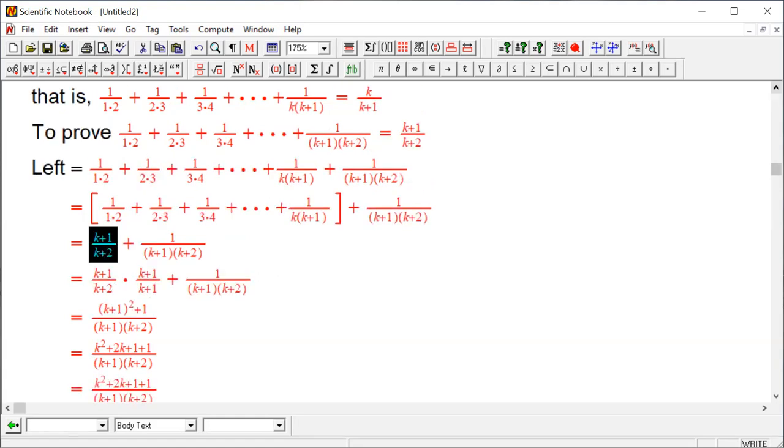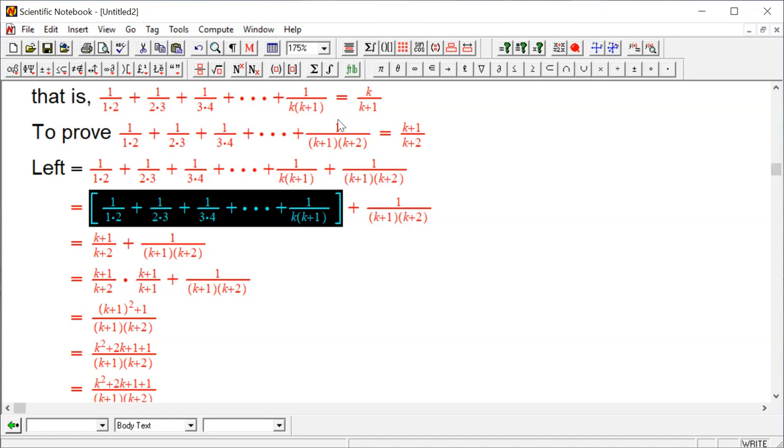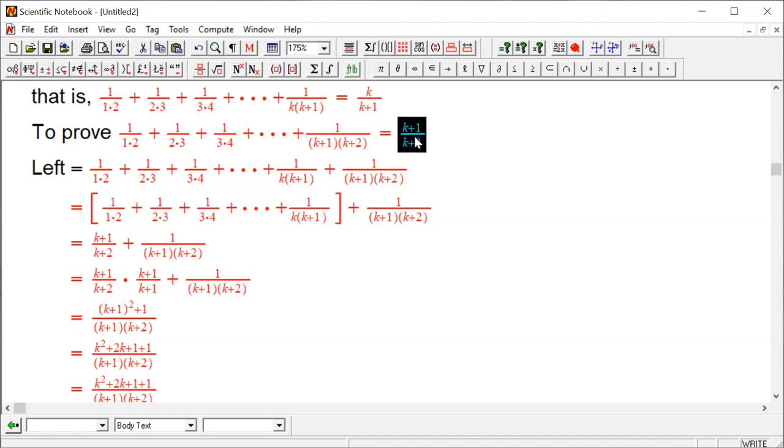Okay, hold on. Oh, you know what? I did make a mistake, because I didn't feel right. I replaced the bracket by its equal, but I replaced it by this one. It should have been this one. That's why. So it should be this one. My bad.